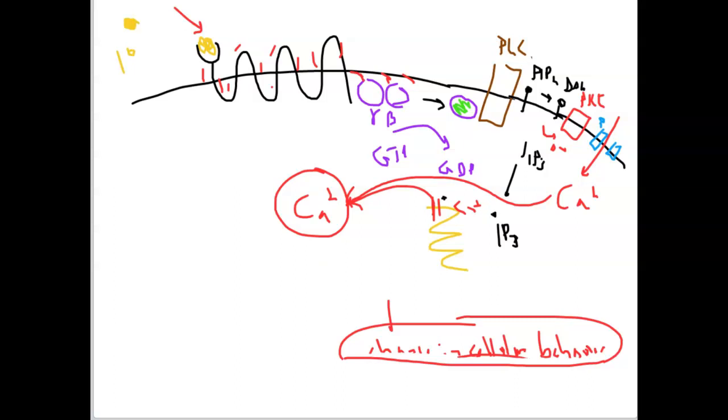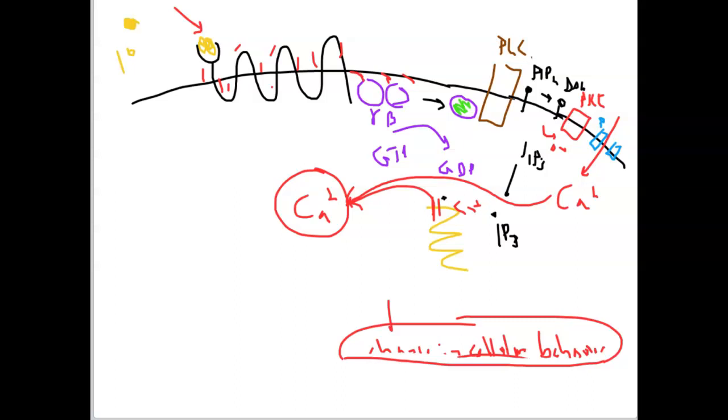Because calcium came rushing into the cytoplasm from the smooth ER stores. IP3 caused that to happen. Why do we have a lot of calcium in the cell? Because calcium came rushing in from the external environment through calcium channels at the cell membrane. Why did that happen? Because protein kinase C phosphorylated and opened those calcium channels.